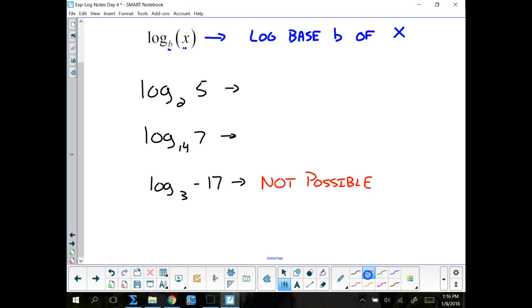Because the answer part is negative, right? And that's got to be greater than or equal to 0. So if I were speaking it, I would speak it as log base 3 of negative 17 is not possible. Because it's not. Half there. You just didn't have the right part.